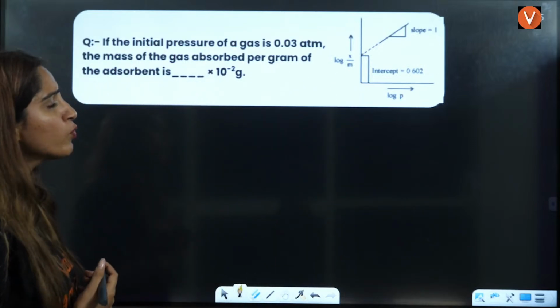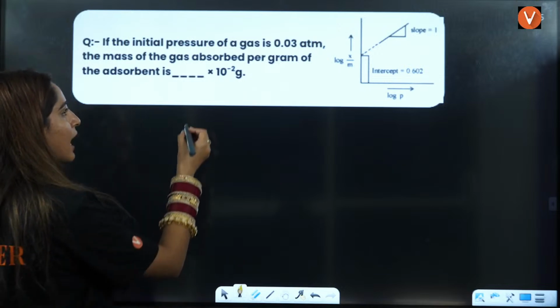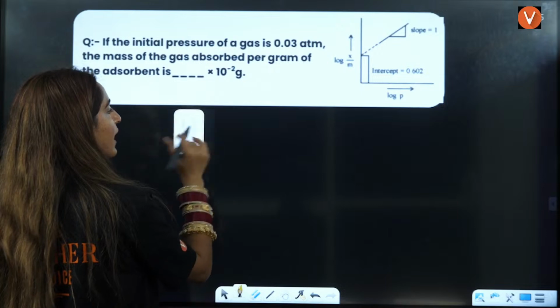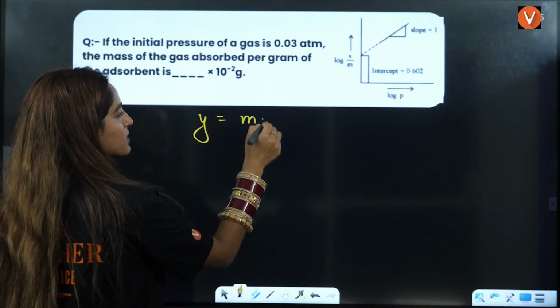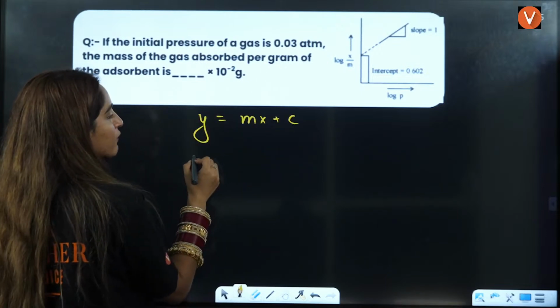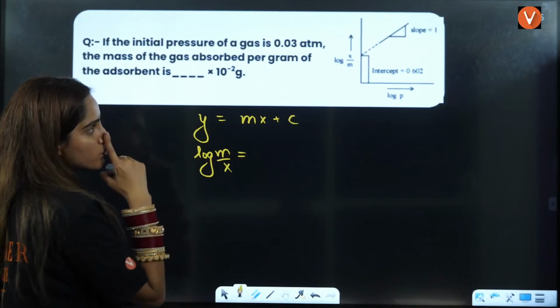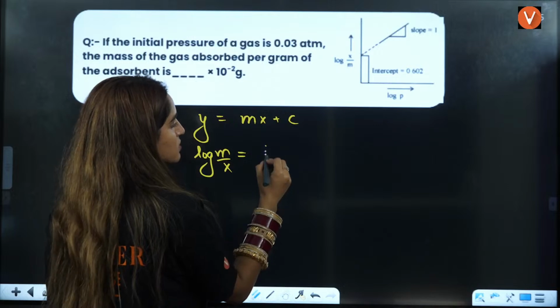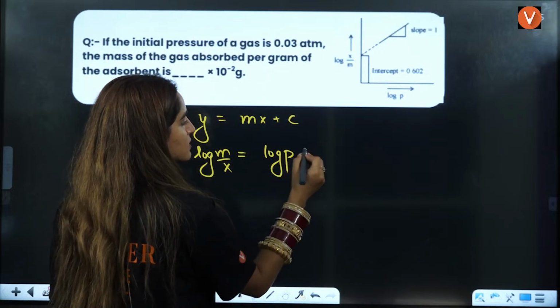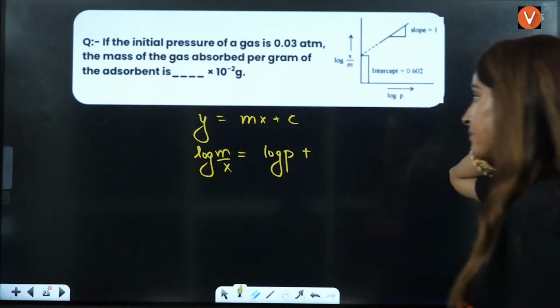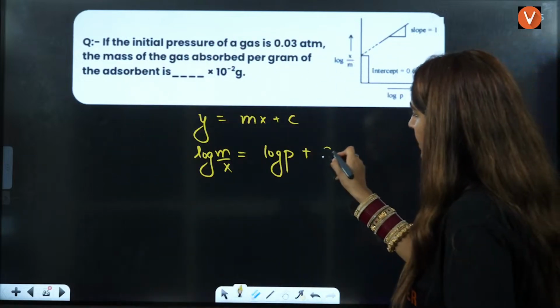If you want to solve it, you can say that y = mx + c, where y is log of x by m, slope is 1, x is log of p, plus c, the intercept.